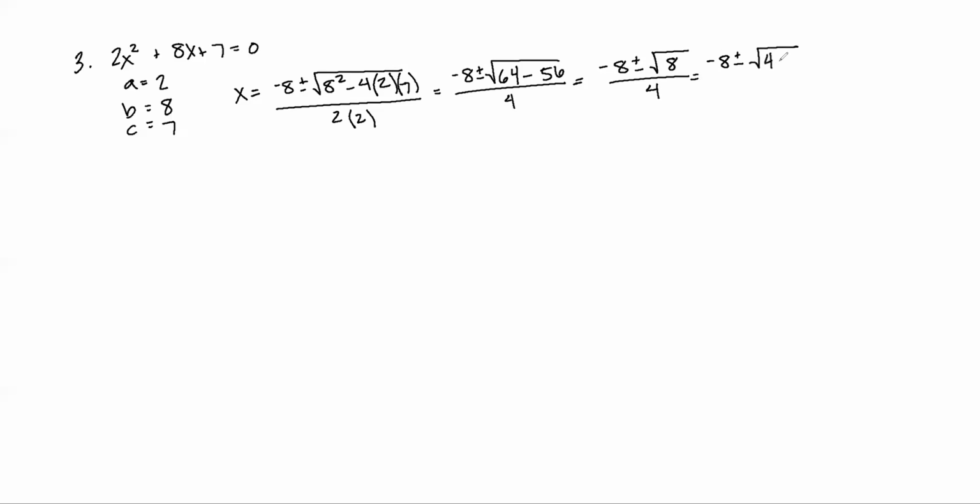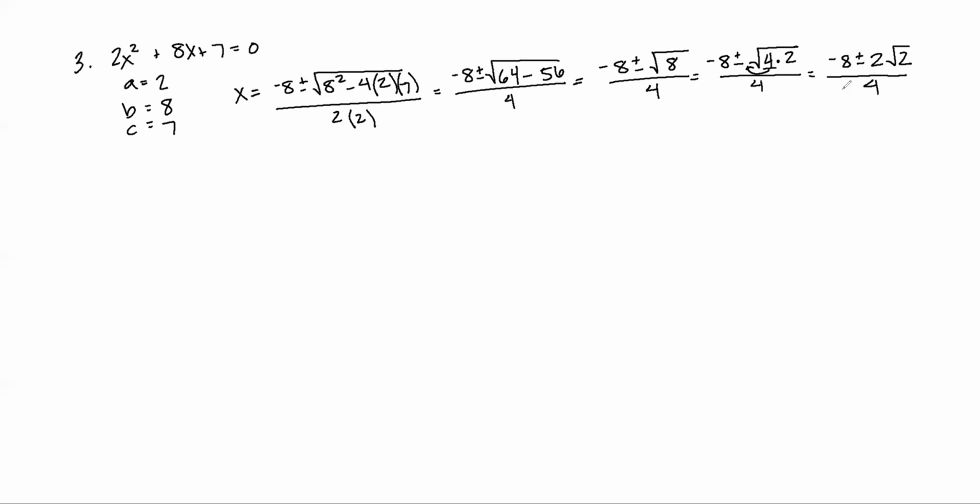So I'll break this into 4 times 2. Square root of 4 is 2. So let's take out a 2. And now you have to make sure that number, when you take it out, goes right in the front of the radical. So we're going to have -8 plus or minus 2 square root of 2 over 4.